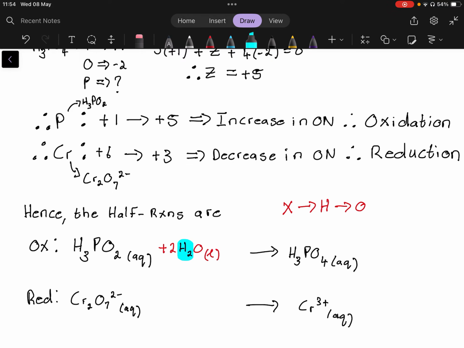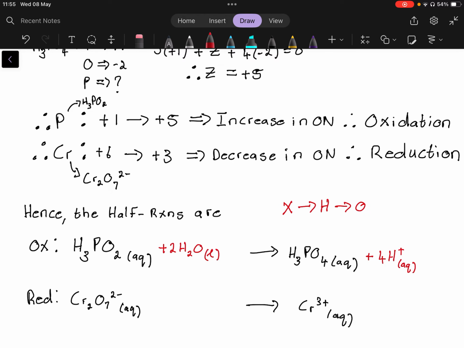We've introduced hydrogen. So now our hydrogens no longer balance. But how do we balance hydrogens? Well, the easiest way is to add hydrogen plus on the other side. Hydrogen plus is going to be aqueous. And how many hydrogens do we need to add? There's 2 times 2 hydrogen. So that gives us 4H plus that needs to be added.